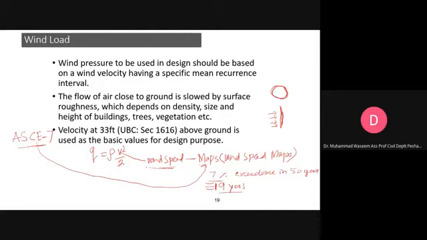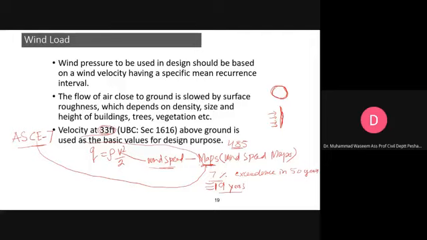And these maps, if you go through these codes, you will see they correspond to velocities which are measured at a height of 33 feet. These measurements of the velocities were first made at different observatories or meteorological stations. The number of meteorological stations that I have seen is 485, and then they used probabilistic theories to develop these maps.